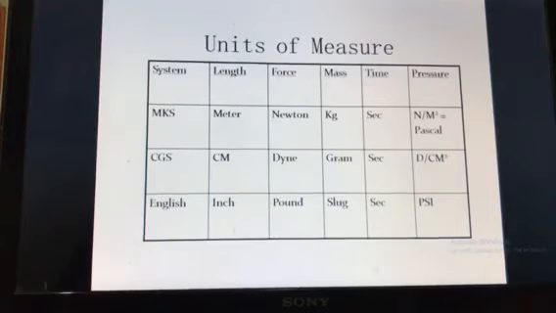Now the units of pressure. In the MKS system the unit is Newton per meter square, which is also called Pascal. In the CGS system, instead of Newton we can write kilogram force per centimeter square. Newton is 1 kg meter per second square. And in English units it is PSI, pounds per square inch.